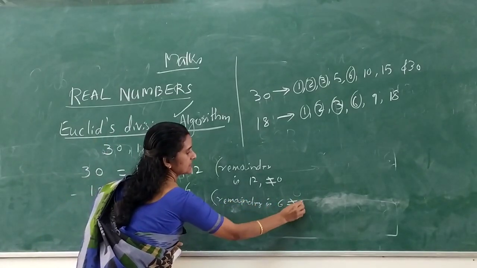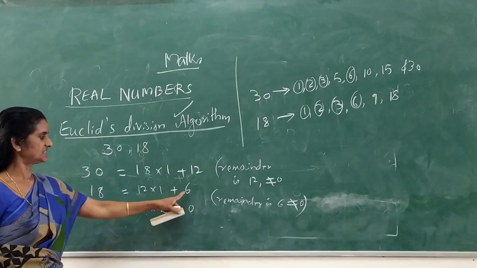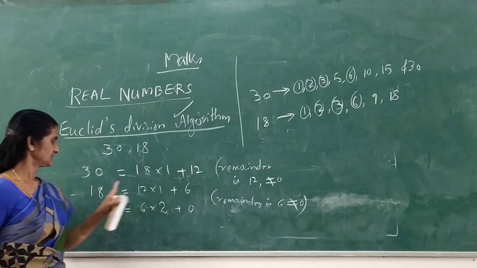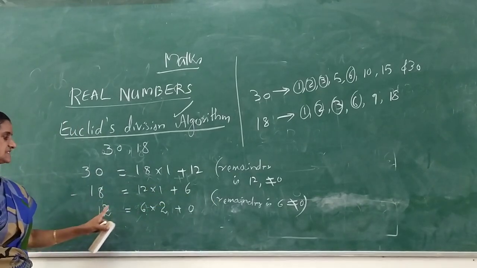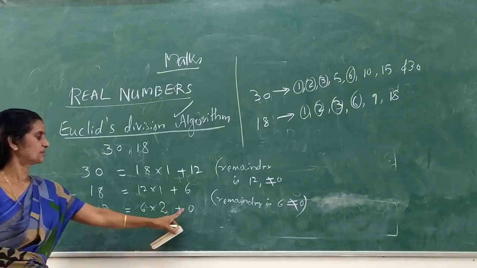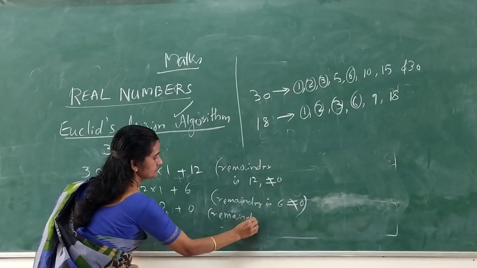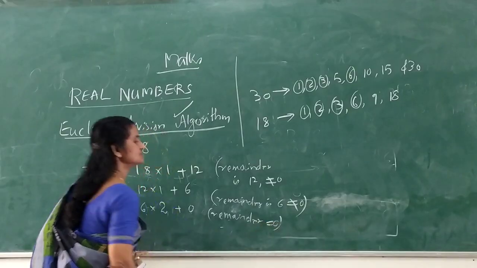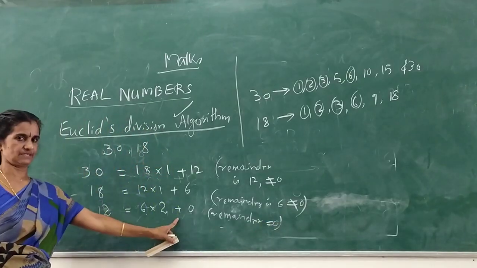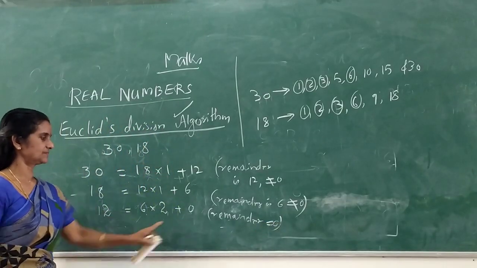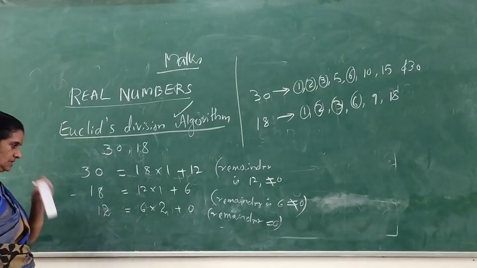Here the remainder is 6, which is not equal to 0. In the third step, 12 is equal to 6 into 2 plus 0. Here the remainder is equal to 0. So this is the last step.